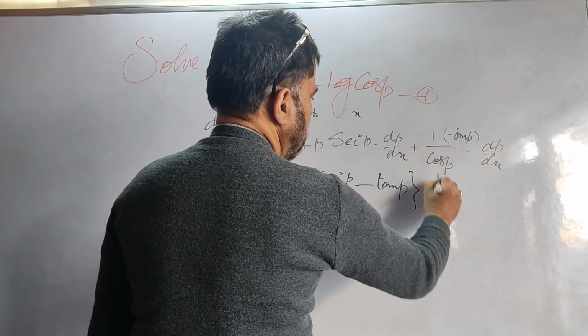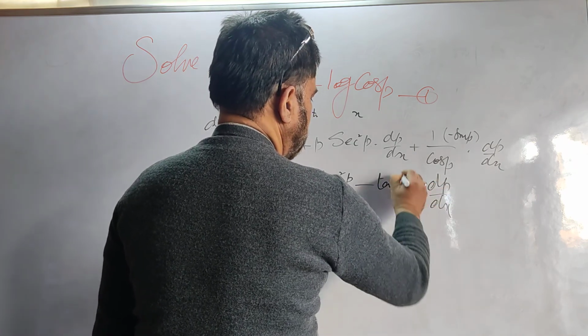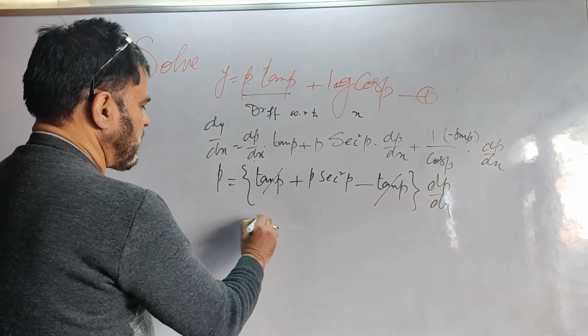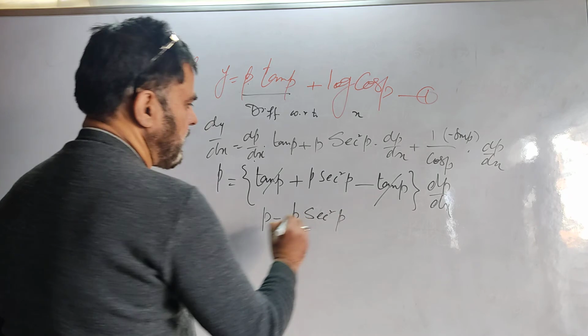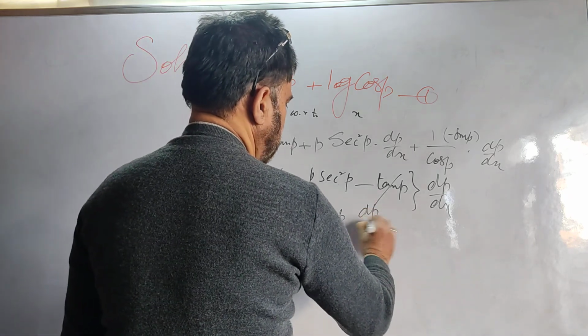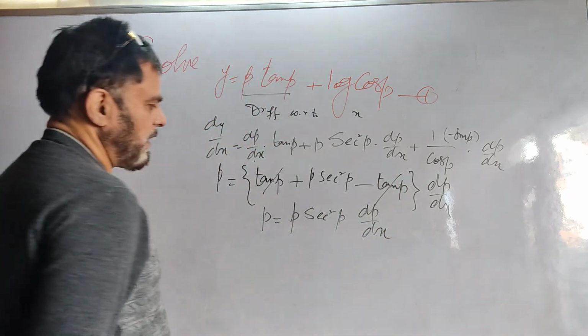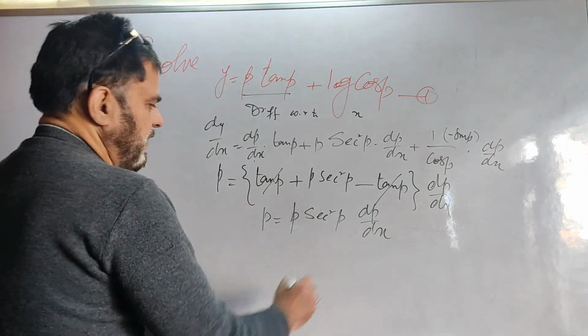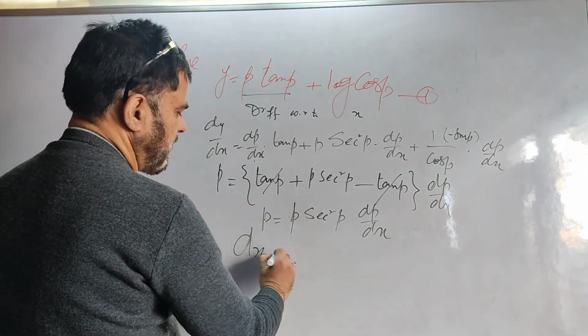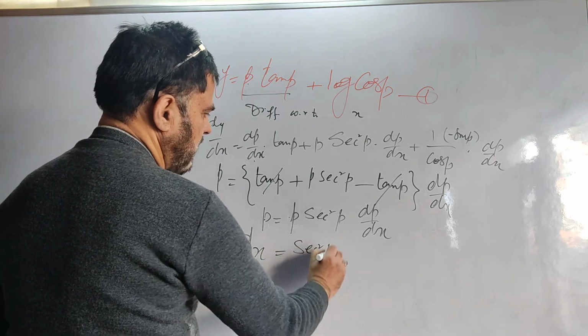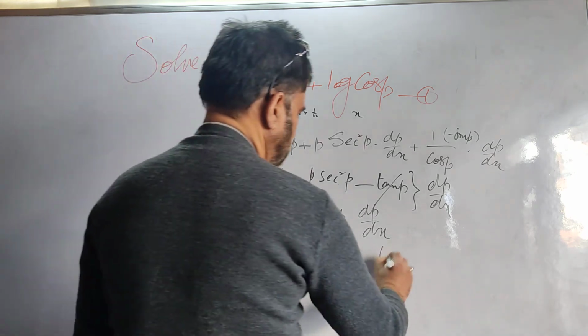The tan p terms cancel, so it does not survive. So p is equal to p sec square p dp by dx. You can write dx is, p goes, dx is sec square p dp. So variables got separated.